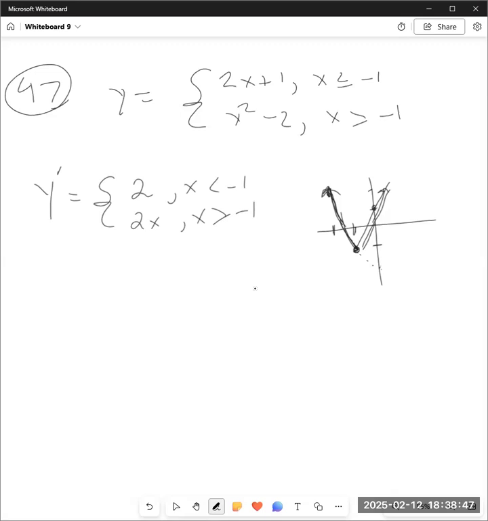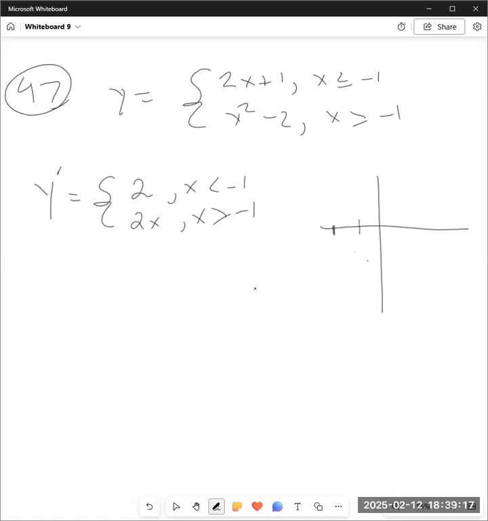And so we have, let's see here. Oh, I drew these backwards. That's my fault. Less than -1 is a slope of 2.